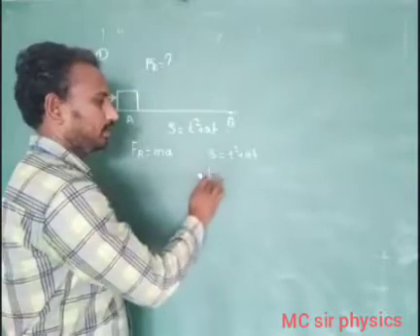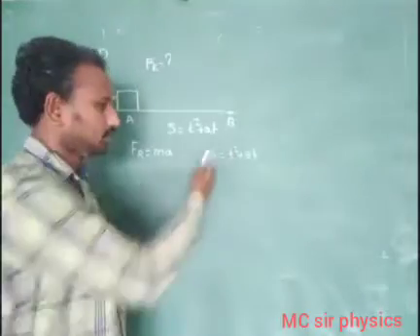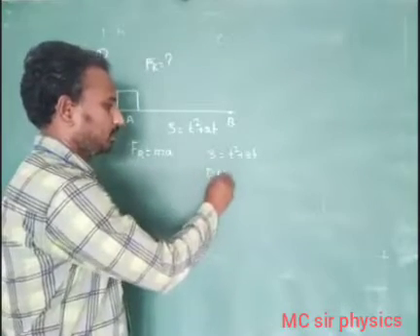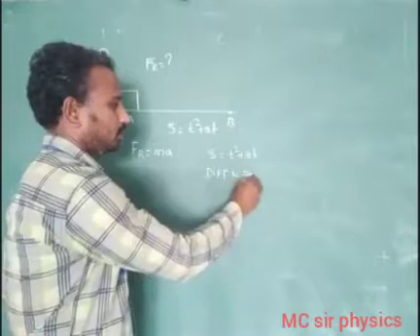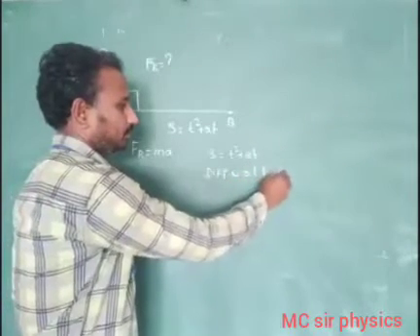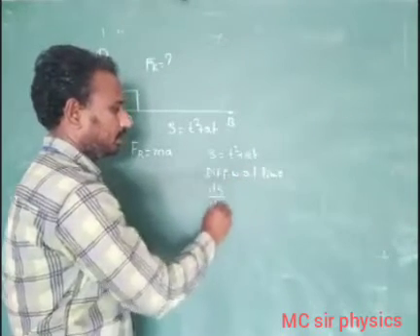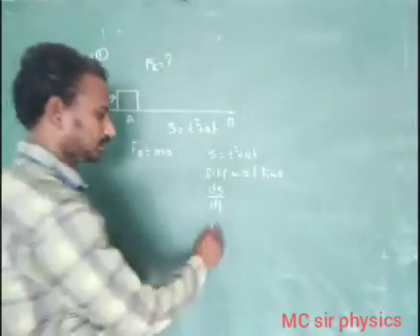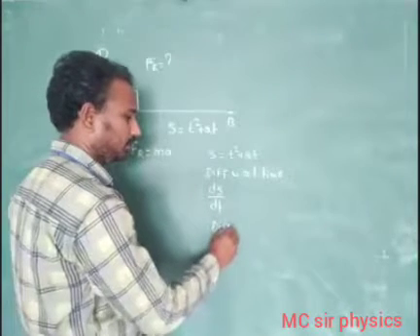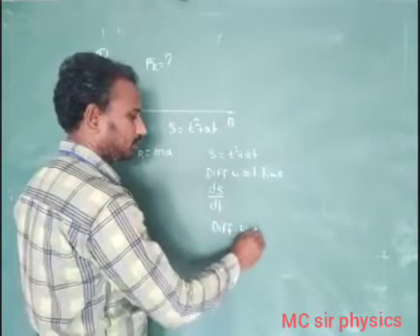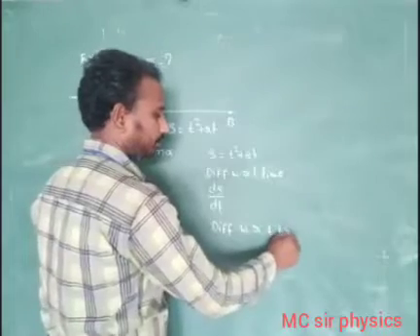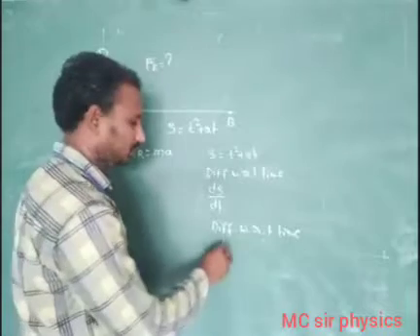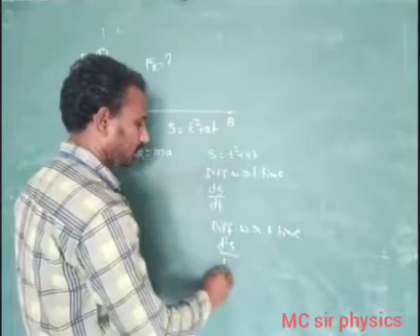Next, apply differentiation to this variable equation with respect to time to find ds by dt. Then differentiate with respect to time a second time, and that is equal to the acceleration, d square s by dt square.